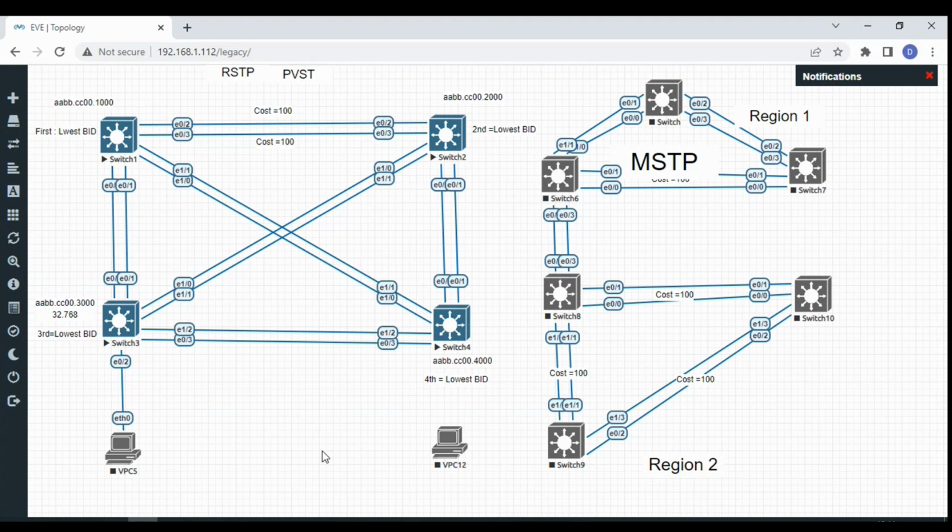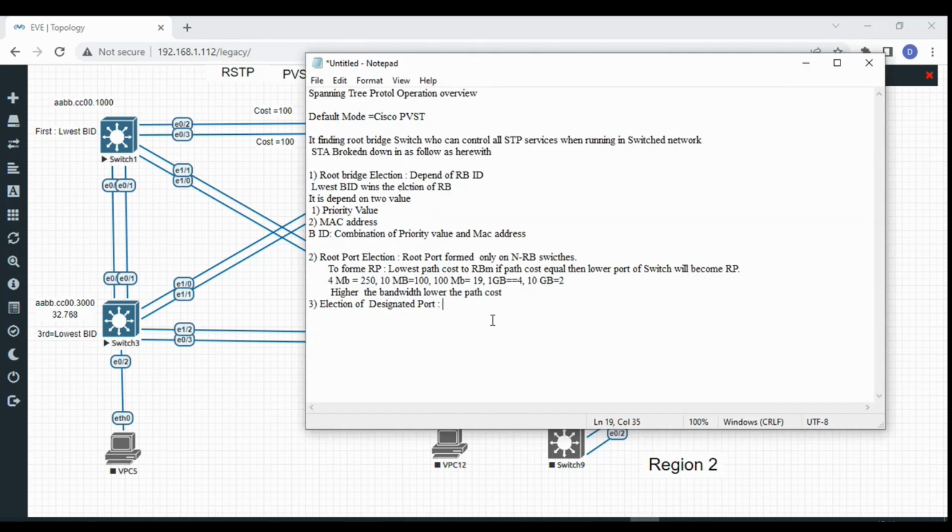Okay, that's okay. Once all the switches are done with the designation, the next step is, let me write it down here. The lowest BID will become the root bridge. Except for the fourth step.